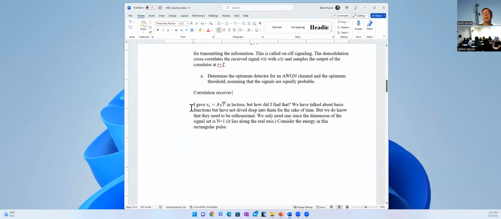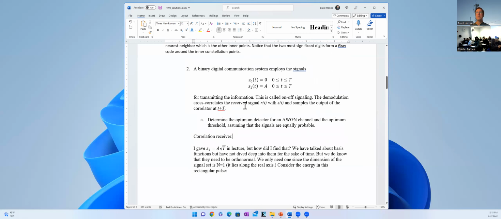I gave you some hints and starting points in the lecture: S1, as a vector, is A times the square root of T. But how did I find that? As I continue to say, we've talked about basis functions. We haven't dove deep into them, for the sake of time.